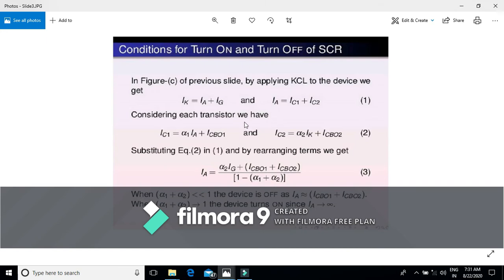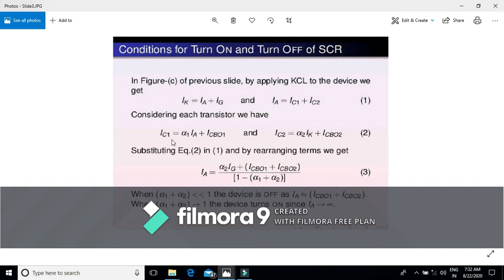By applying KCL to the previous figure C, the cathode current is basically the combination of two currents: the anode current and the gate current. The anode current is itself made up of two currents, the collector current of transistor T1 and the collector current of transistor T2.